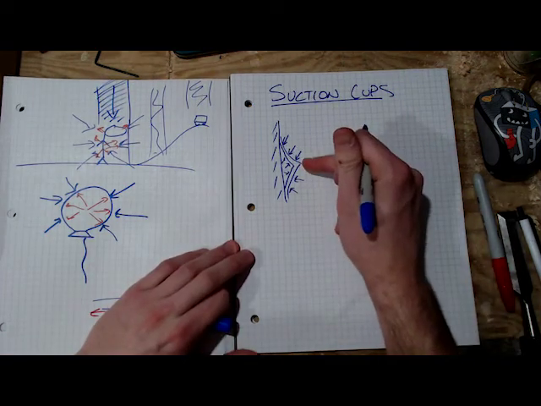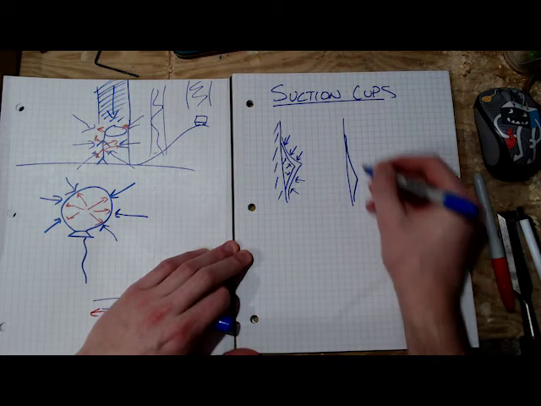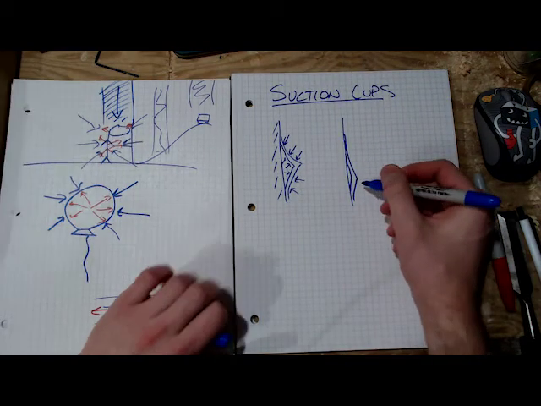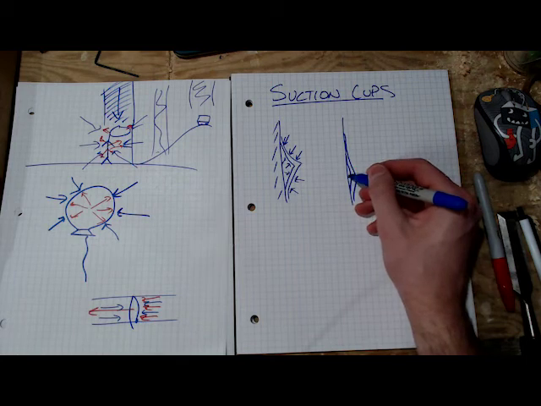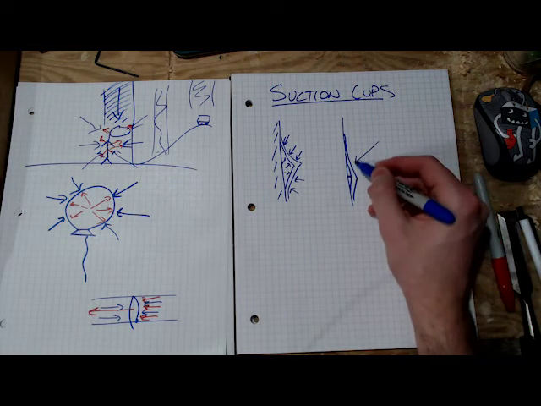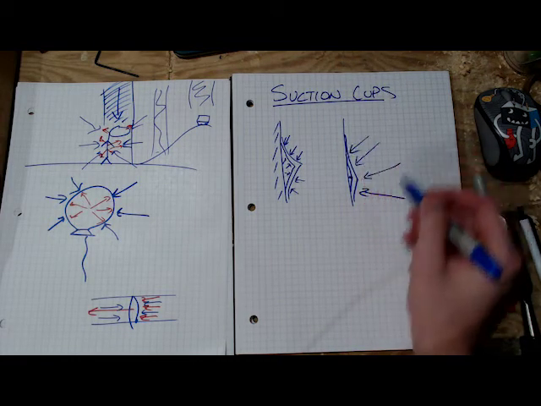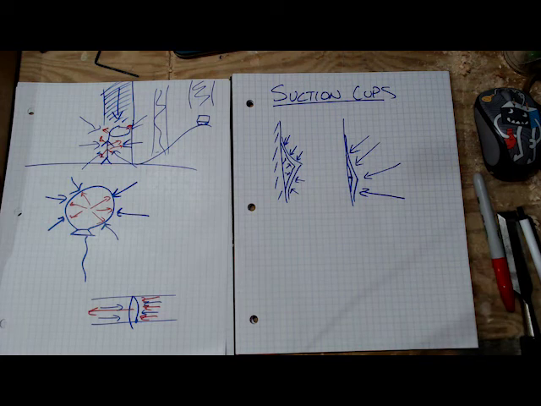However, when you push in on the suction cup and you flatten it out, all of a sudden there's just a little bit of air left in here, as opposed to all of the air on the outside that's pushing it back against the wall. So there's a pressure difference.